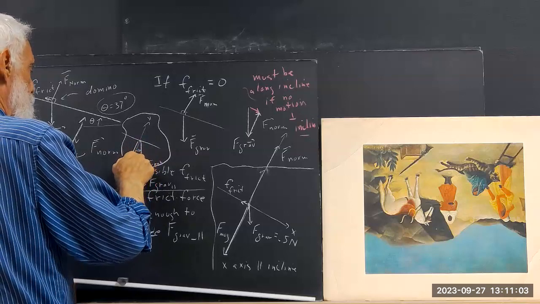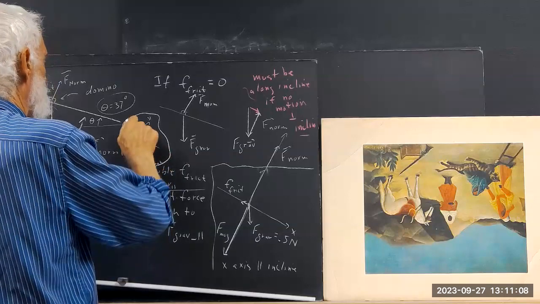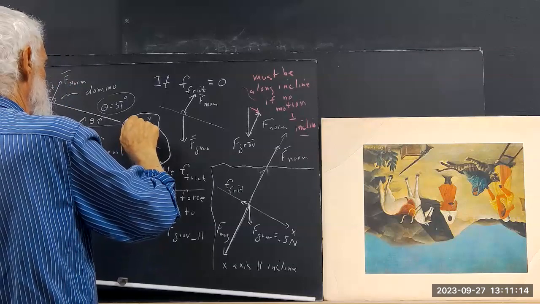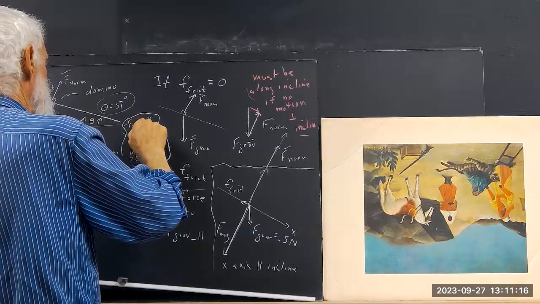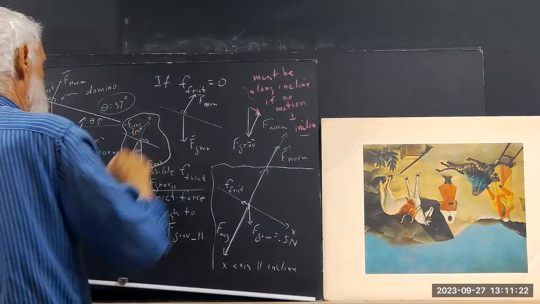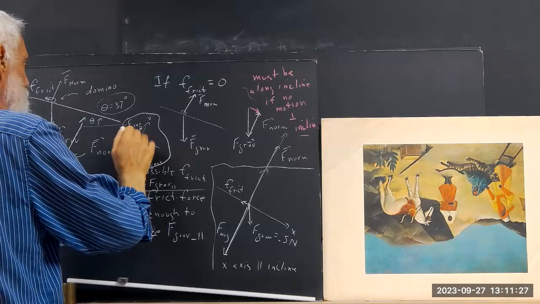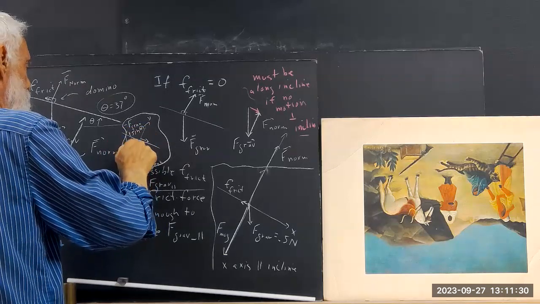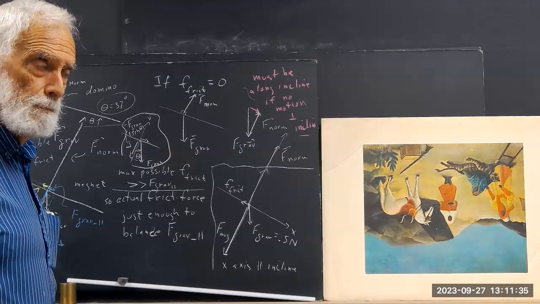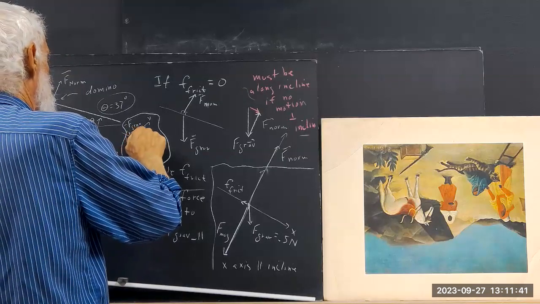which means that this component and this component are... I didn't give myself enough room to write this. This component ought to be negative F grav times the sine of theta. Said it wrong. That's a cosine of theta.